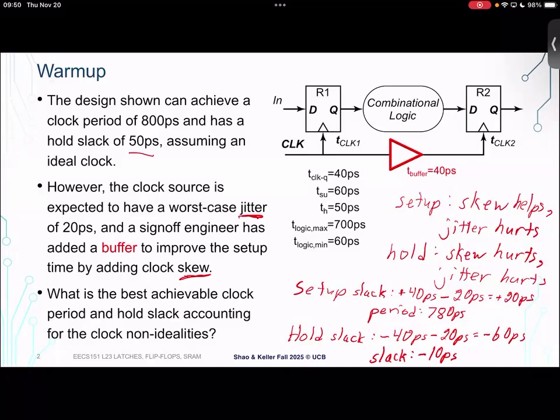What does it mean when the slack is negative? It's a violation. It means that this circuit will fail, or at least have the possibility of failing, because it's violating the hold time constraint. So you'd have to fix this design to get it ready for production.